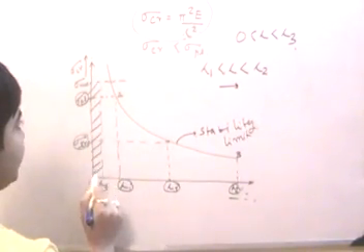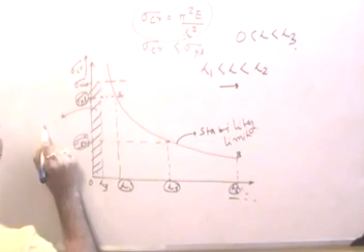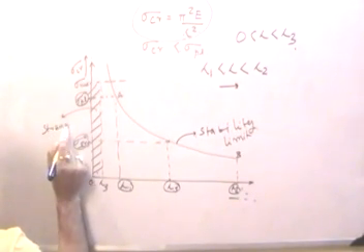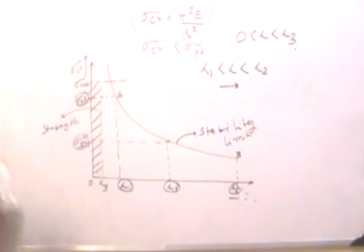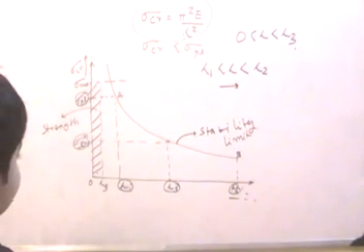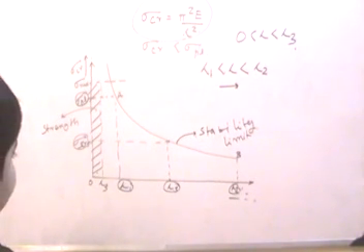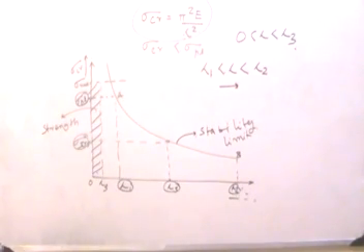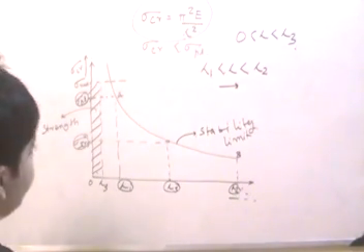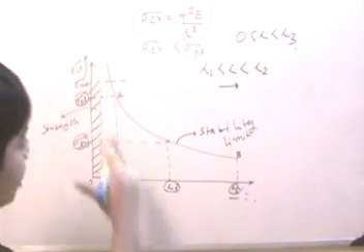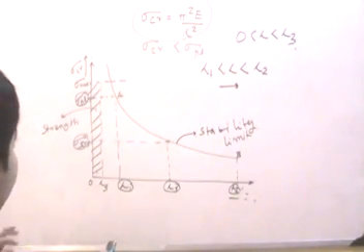And this is governed solely by strength criteria, right? Now between lambda 3 and lambda 1, the slenderness ratios are not small enough to be governed only by the strength criteria, but also are not big enough to be governed by stability criteria.